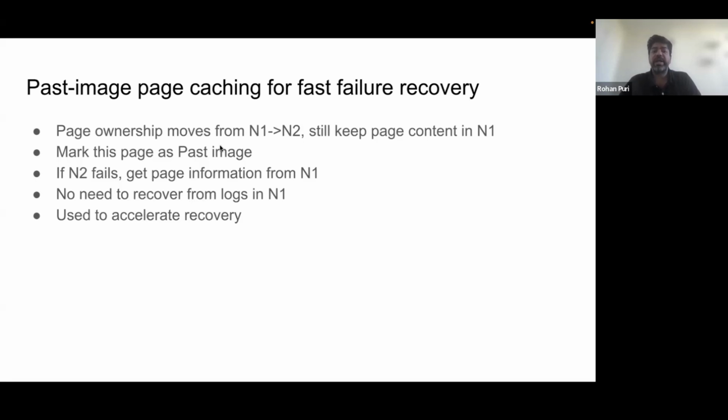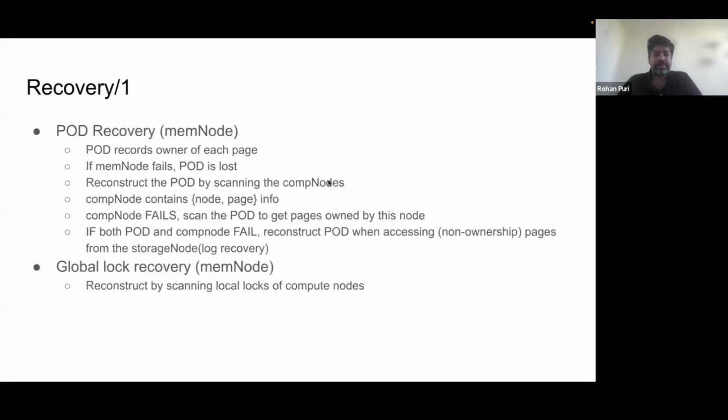So you mark this page with some meta information, which these people call the page past image. When N2 fails, the new node fails, you can still recover with the page information that is there in N1. You don't need to go to the log recovery. So this fastens the recovery.